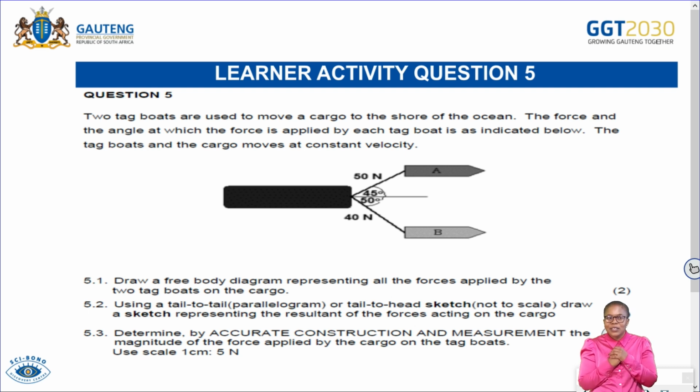Using the tail to tail parallelogram, or tail to head sketch, not to scale, draw a sketch representing the resultant of the forces acting onto the cargo, and then lastly, determine by accurate construction and measurement. That means you need to use that 1 centimeter is to 5 Newton scale. What you're trying to find out is the magnitude of the force applied by the cargo onto the tugboats.